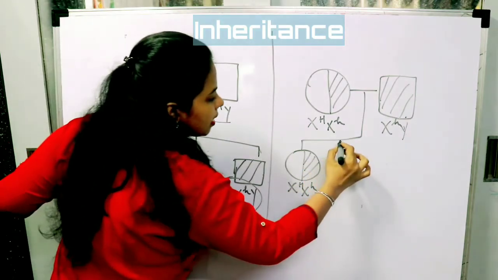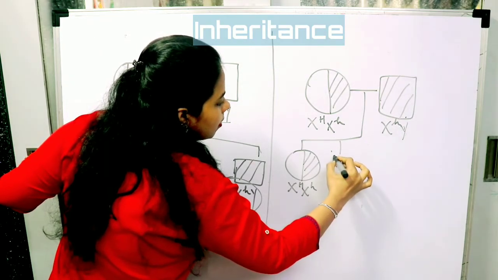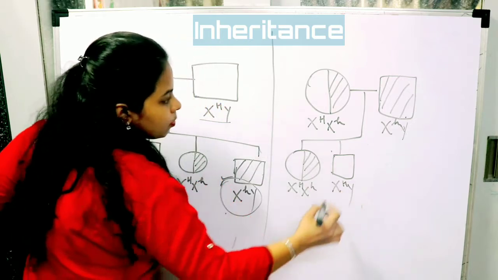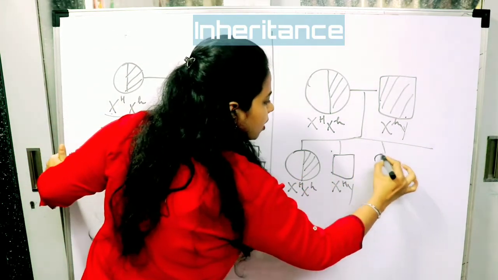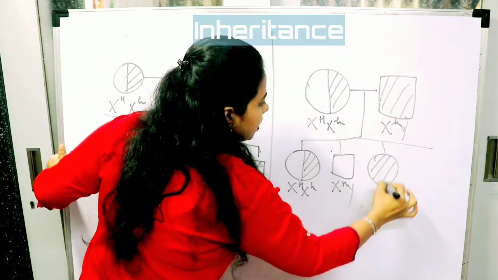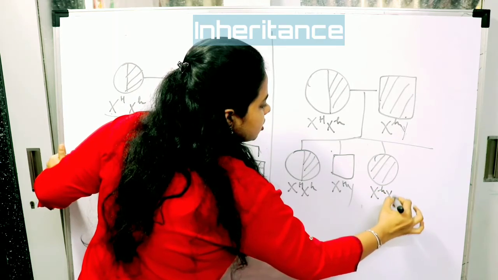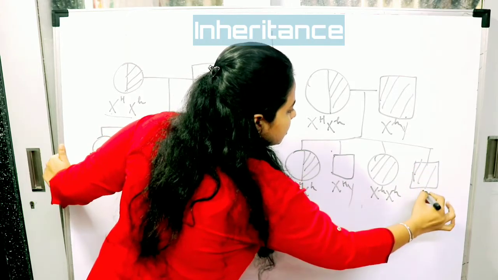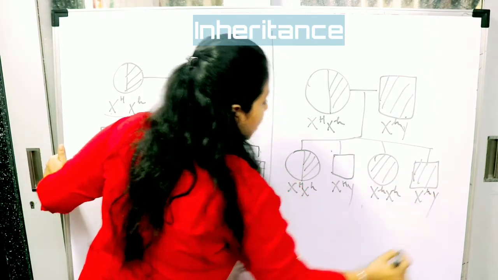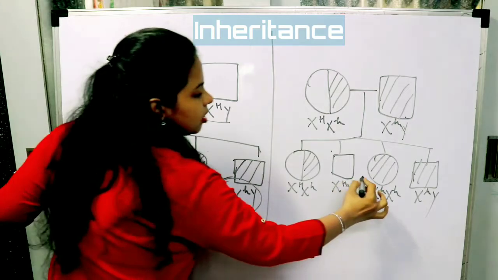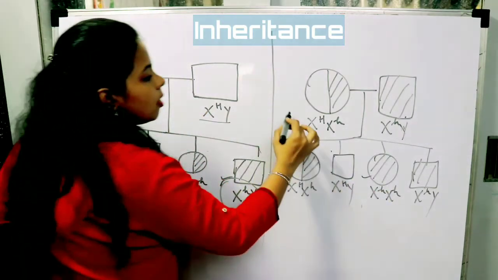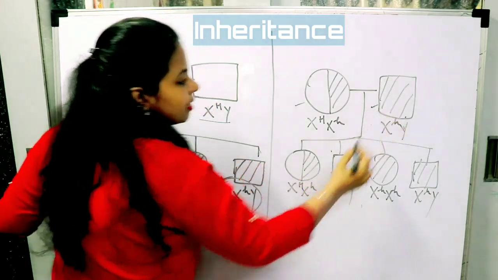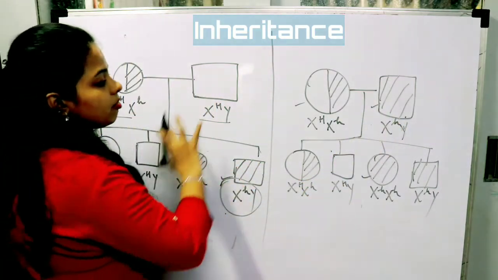The second outcome is a normal male, X capital H Y. The third outcome is an affected female, X small h X small h. And the last outcome is an affected male, X small h Y. So an affected daughter is obtained only when a carrier female marries an affected male. You have to remember this.